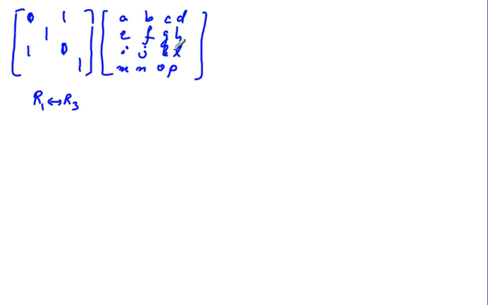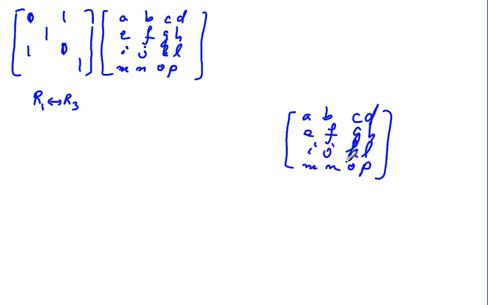Suppose you go ahead and later on, for some reason, you need to exchange row 2 with row 4 of this guy on the final matrix. After you have done your elimination or whatever, maybe down the road you have to do one more shuffling. So by now you have this matrix: A, B, C, D, E, F, G, H, I, J, K, L, M, N, O, P. You did one shuffle.